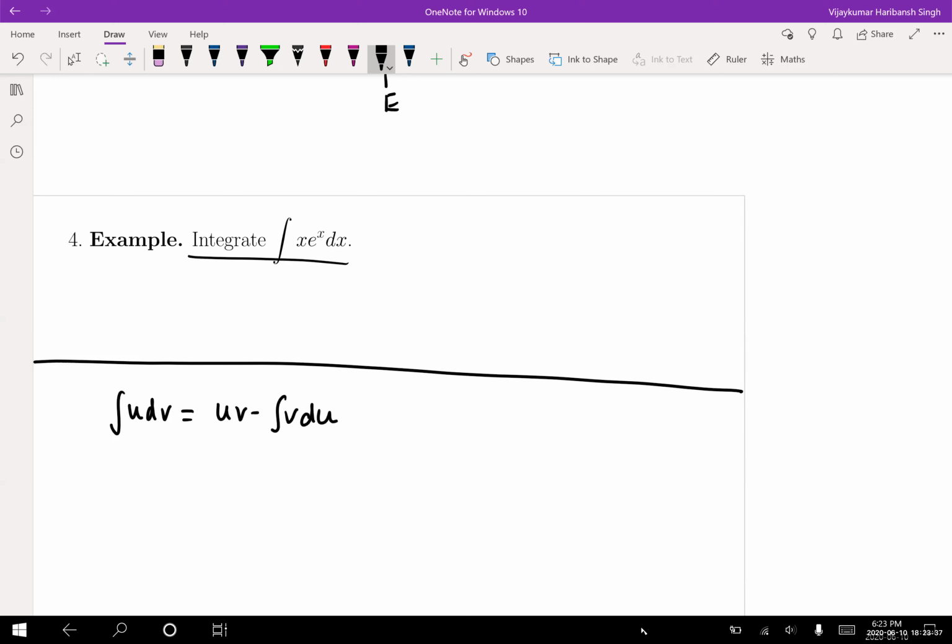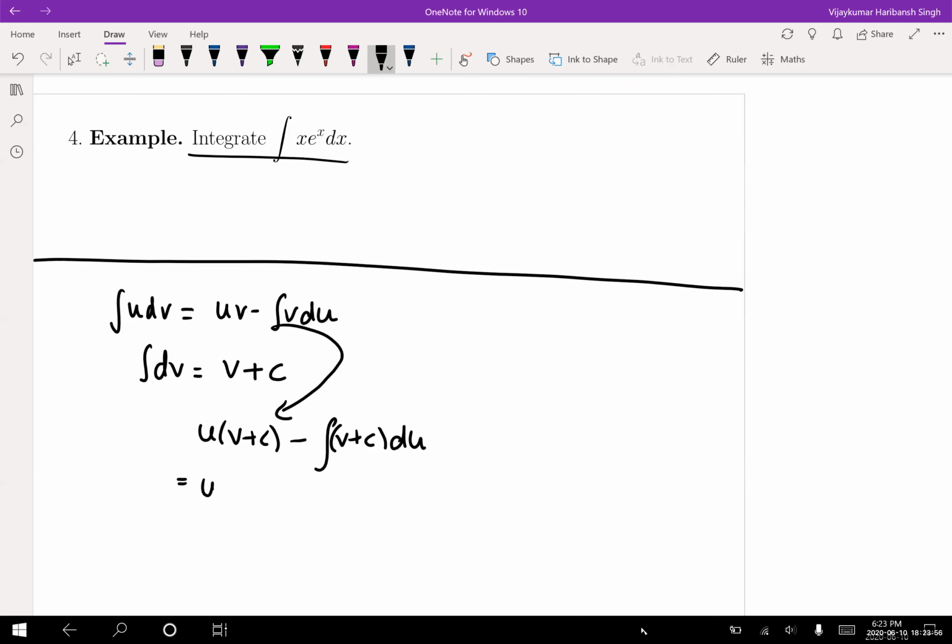Suppose instead the integration of dv is v plus c. In that case, you will get u times v plus c, minus the integration of v plus c times du.